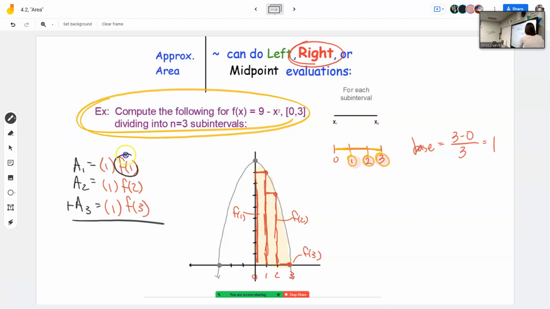I'm just pretending like we had no idea what these were, that we didn't just solve for some of these. Remember, just plug into that original function that we have up here. So 9 minus 1 squared, PEMDAS, do the squared first, and then the minus. There are rules that tell you what order to go. That's why it's 8. 9 minus 2 squared, do the squared first, that's why I get the 5. 9 minus 3 squared, oh, that's awkward, isn't that 0?